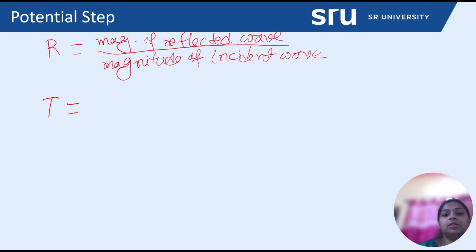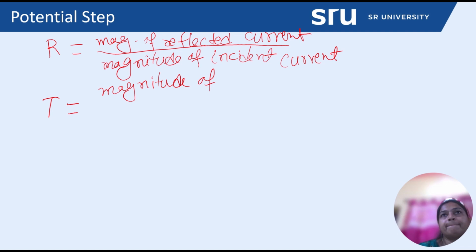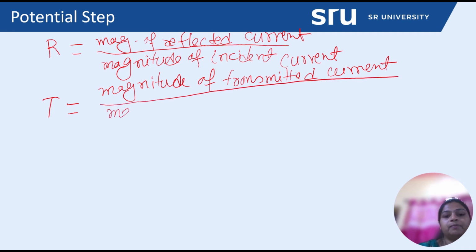current. Here, let's say this is not wave, but reflected current and incident current, and the transmittance T will be the magnitude of the transmitted current divided by the magnitude of the incident current.